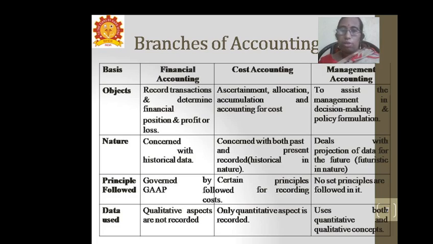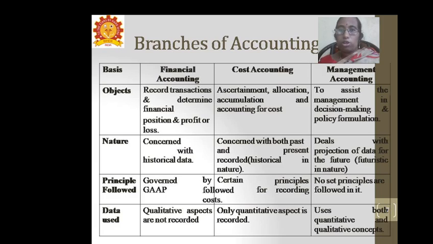Second, the nature basis. In financial accounting, they are always concerned with past data. From the past data, they are able to find out the future position. In cost accounting, they are concerned with both the present and the past recorded data.